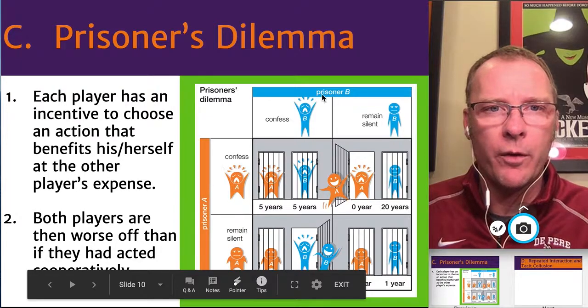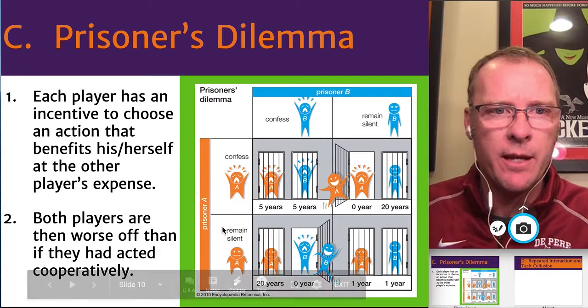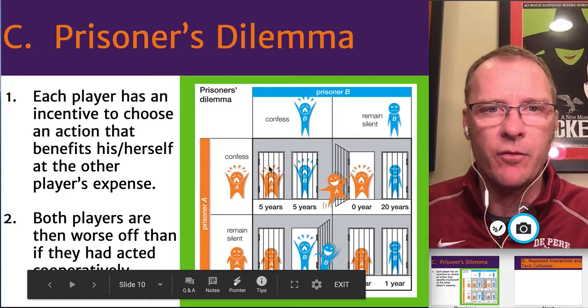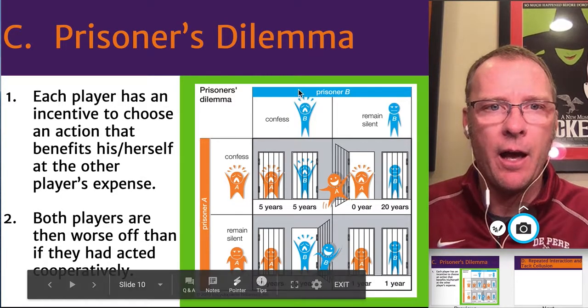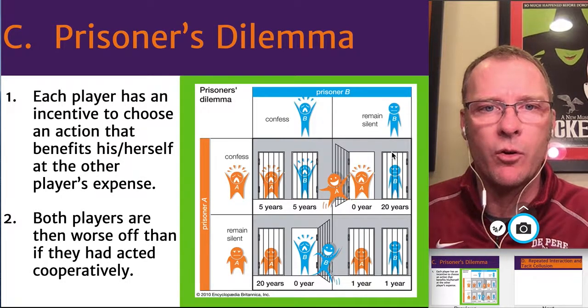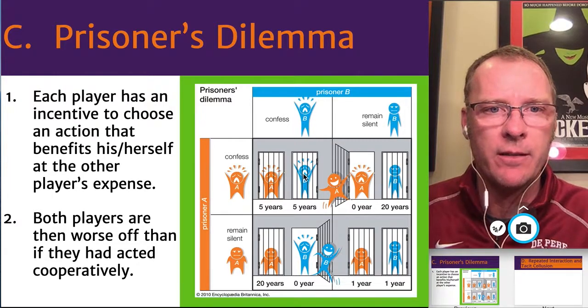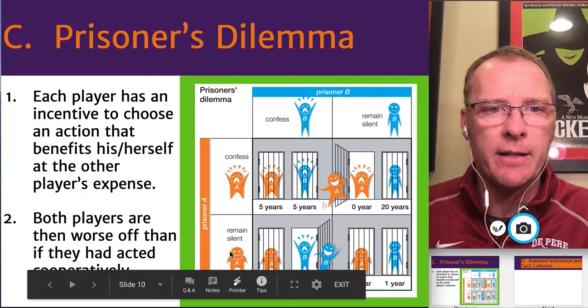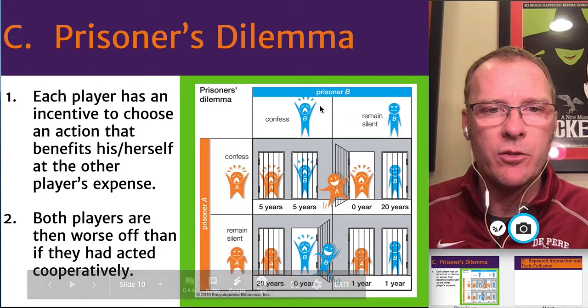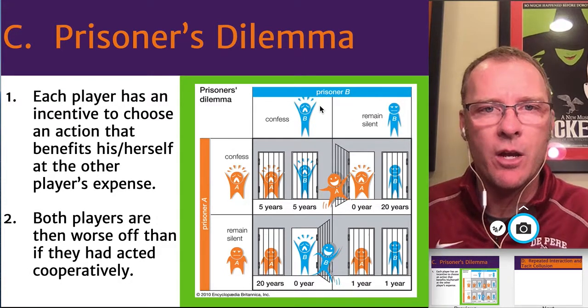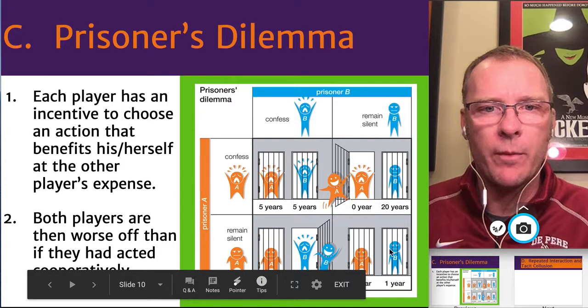If we're looking at prisoner B now making a choice, if prisoner A decides to confess, prisoner B can choose to confess and get 5 years or remain silent and get 20, so they're going to confess. If prisoner A decides to remain silent, prisoner B can choose confess and get 0 years down here, or remain silent and get 1 year.